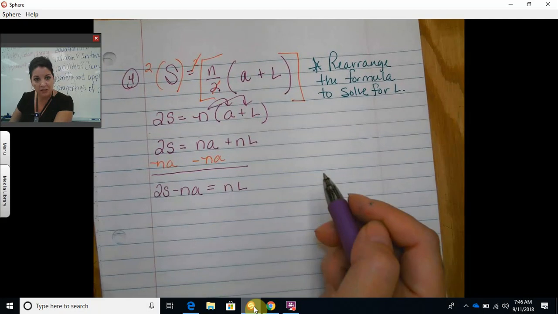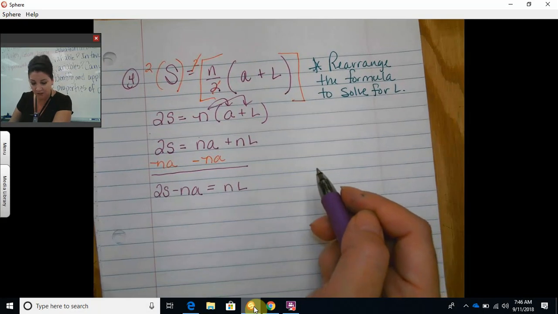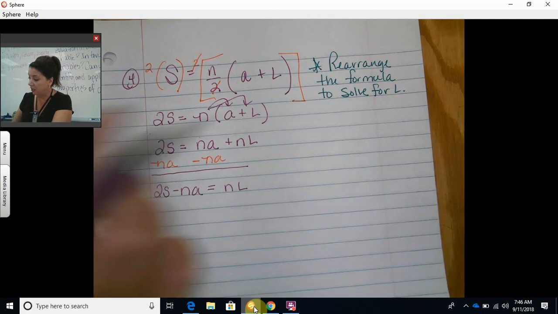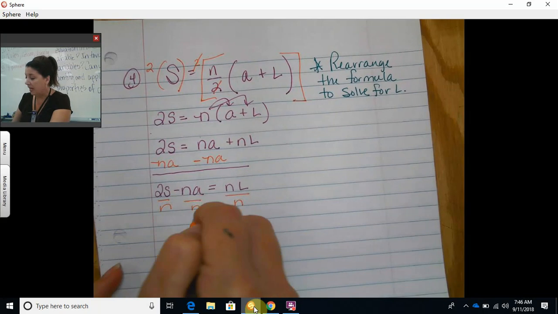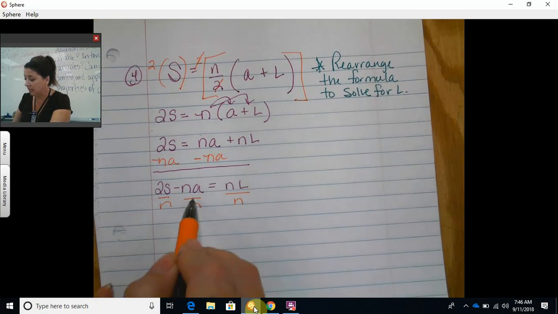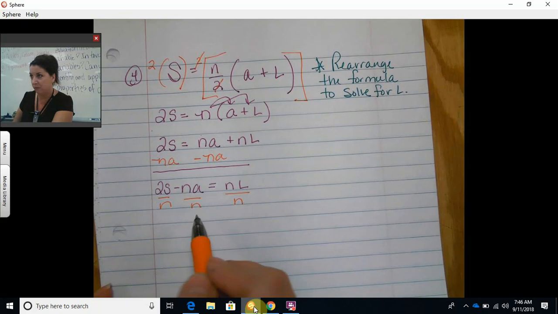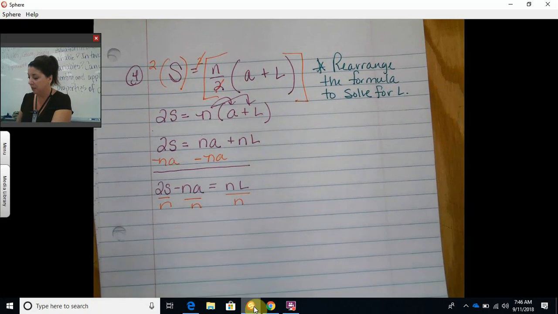So now I'm one step closer to getting L all by itself. What now? Divide every term by n. And I could do one big divide by n, but since I know these n's are going to cancel, because that's a monomial divided by a monomial, I can cancel that. That's why I did them separate.